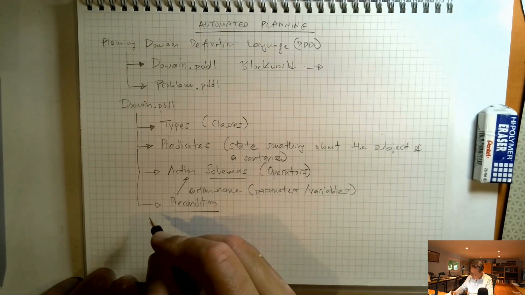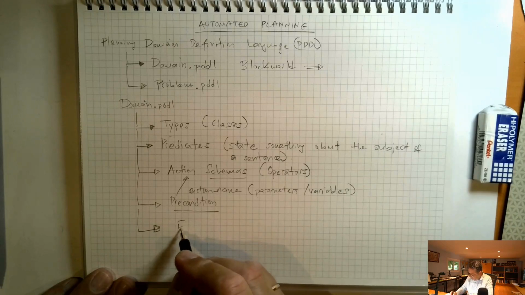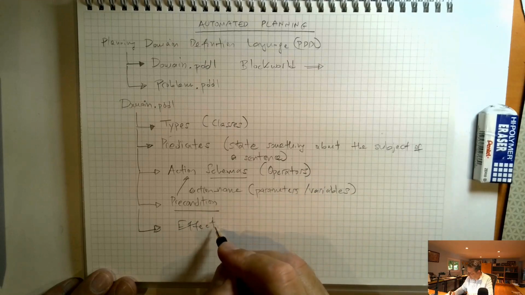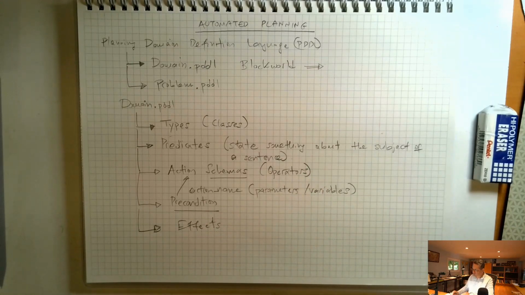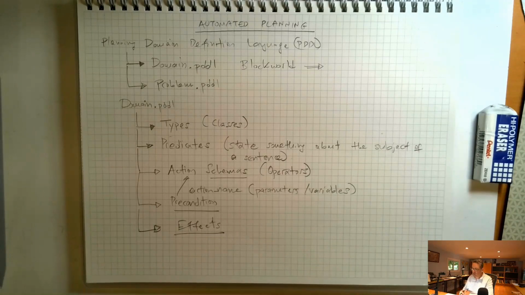Okay, and then of course we have the so-called effects, which are, as you can understand, the results of those actions, which is effectively taking the system from one state S to another state S prime. Okay, so this is associated with the state transition that we have seen in other videos in this lecture series.